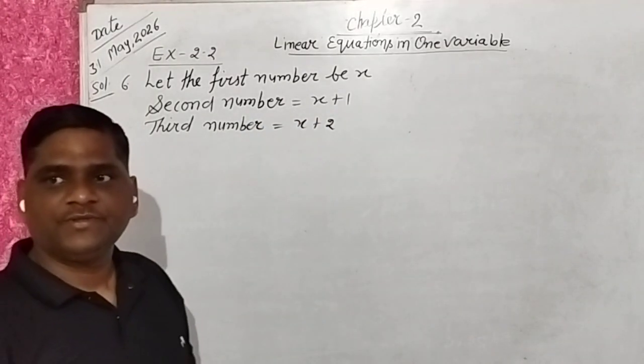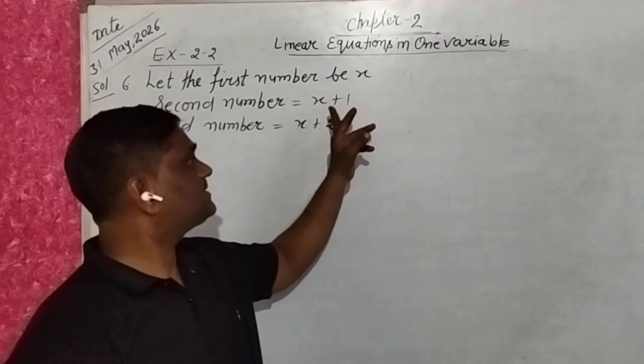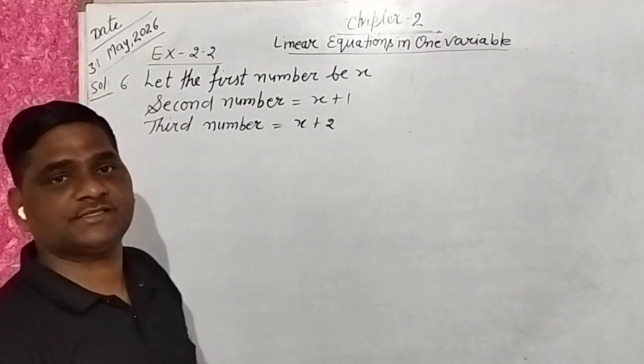Do you understand? x is the first number, x plus 1 is the second, and x plus 2 is the third number.